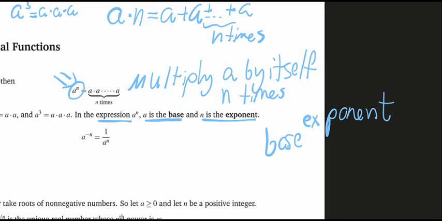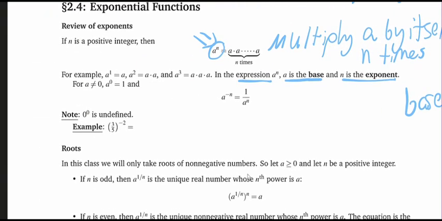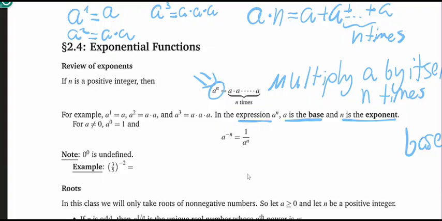Now, let me remind you of two important identities. A to the power of 0 is 1, assuming a is not 0. We won't actually see this in this class, but just to be perfectly proper, 0 to the power of 0 is undefined. So for the purposes of this class, a to the power of 0 is 1, and a to the negative n is going to be 1 divided by a to the n.